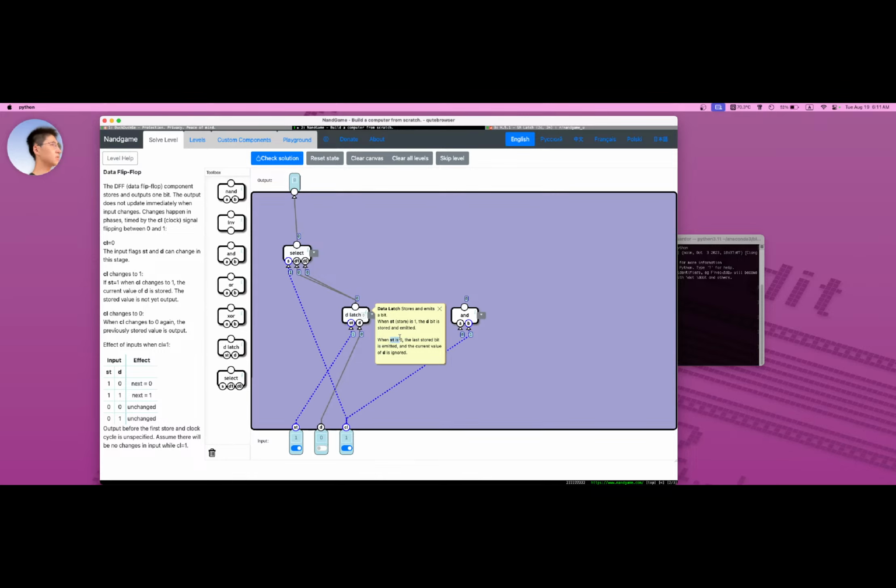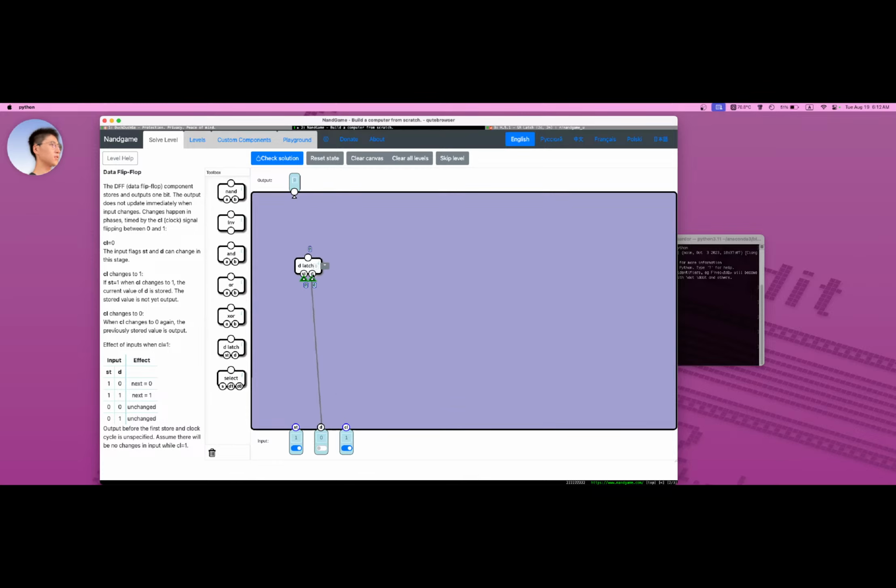When st is 0, the last stored bit is emitted, and the current value of d is ignored. I don't think this works.